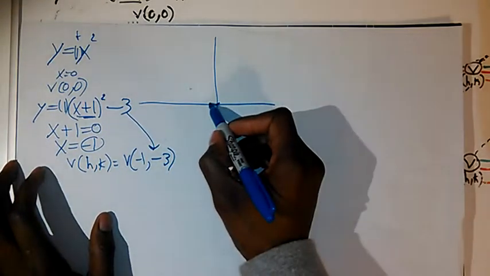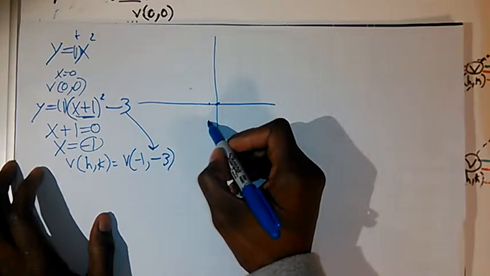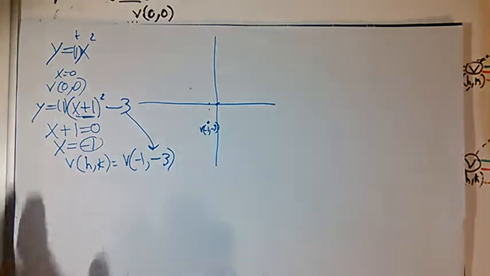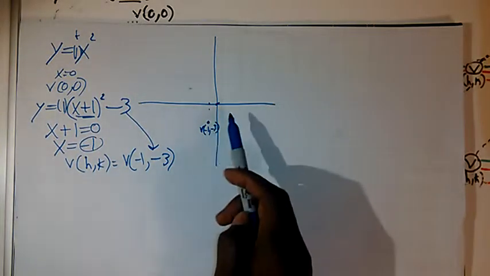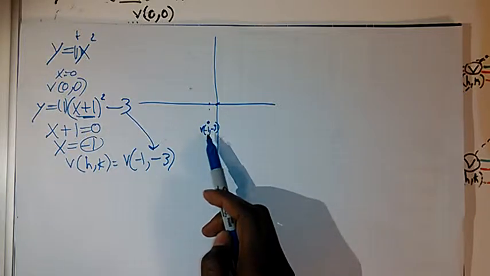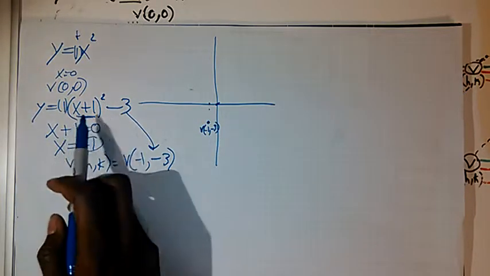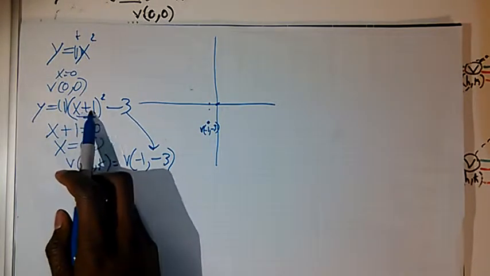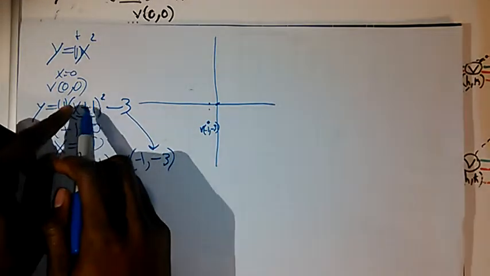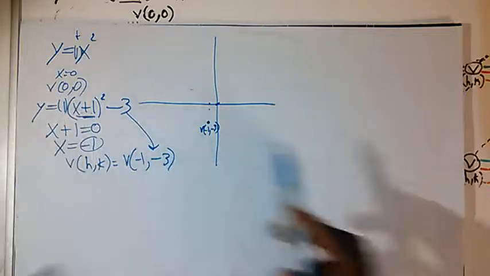So we go over 1 and down 3. 1, 2, 3. So what's happening here is that we're shifting to the left once and then going down 3, right? Remember, when we add to x, we go to the left. Some people look at this and shift it out in their minds, but I don't.